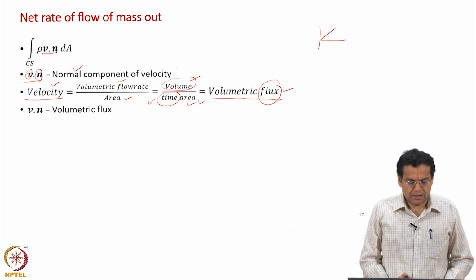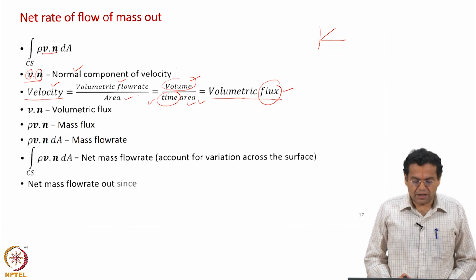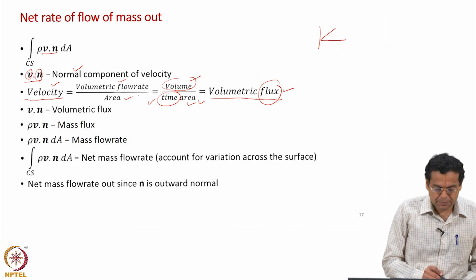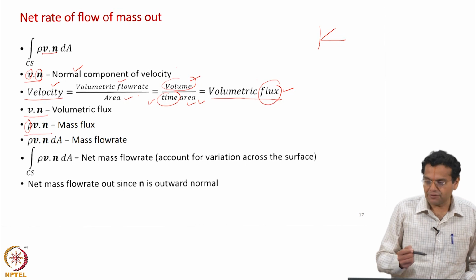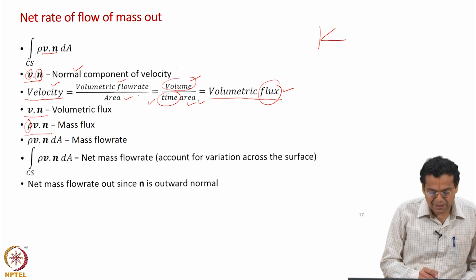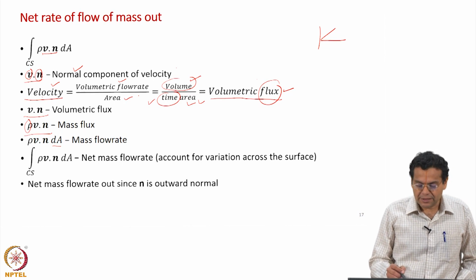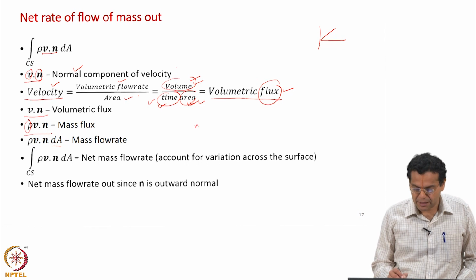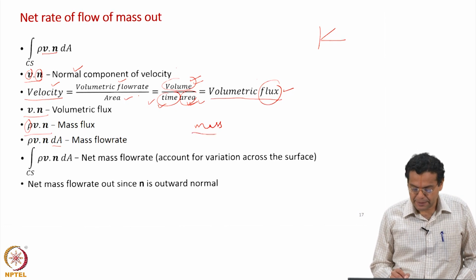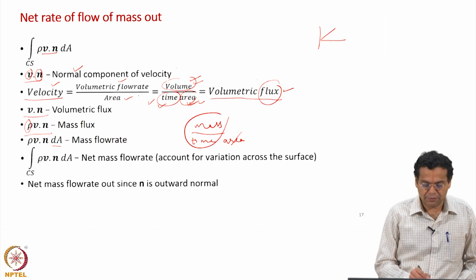Okay. Now, rho V dot n is the mass flux because we are multiplying by density. So, this volumetric flux times rho becomes mass flux. Now, when you multiply by a small area dA, it becomes mass flow rate. Why is that? Mass flux is mass per time per area, and when you multiply by area, what you are left with is mass per time, which is mass flow rate.